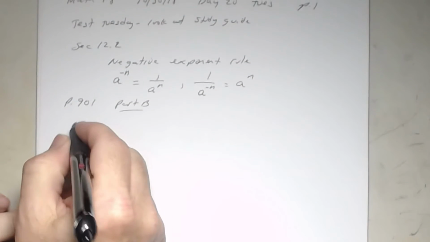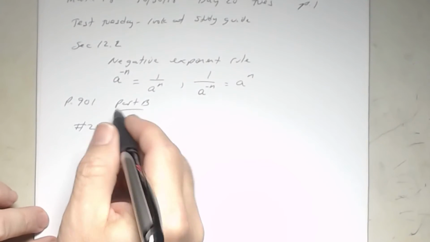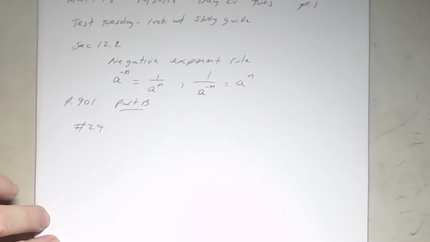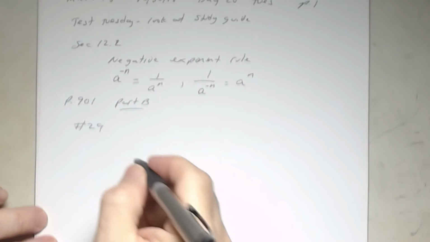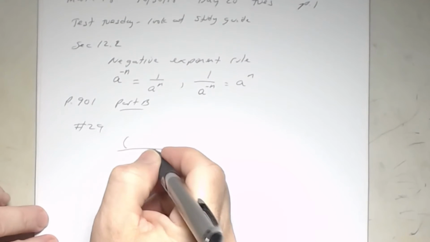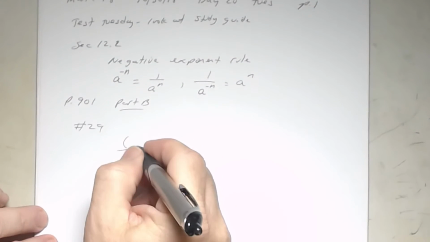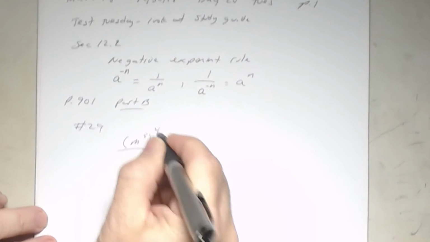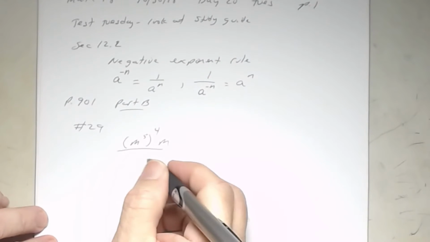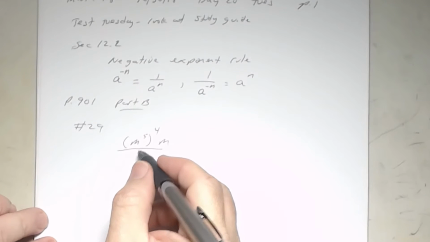So number 29, you have in the numerator, you have this. And in the denominator, you have this.